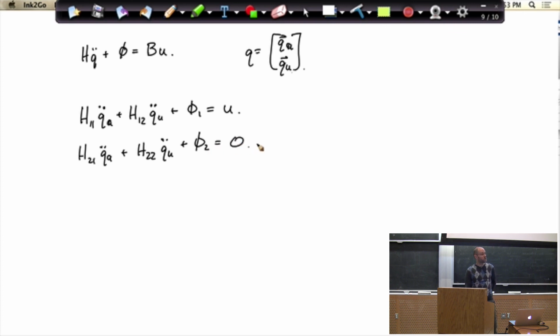And I can write down a general form for partial feedback linearization that involves the inertial matrices, basically for any manipulator.